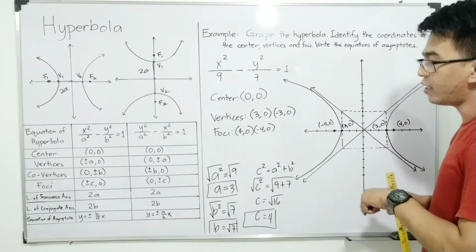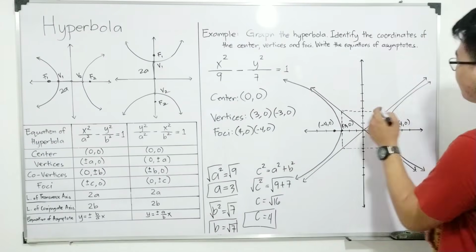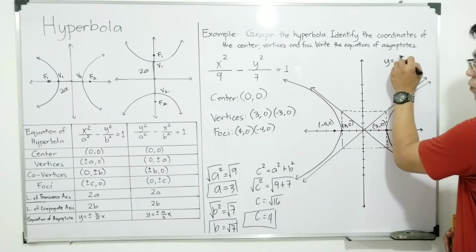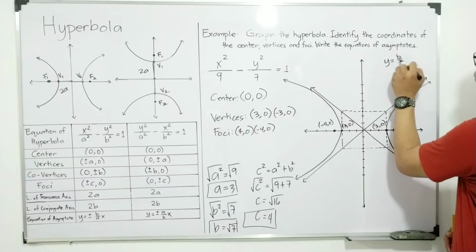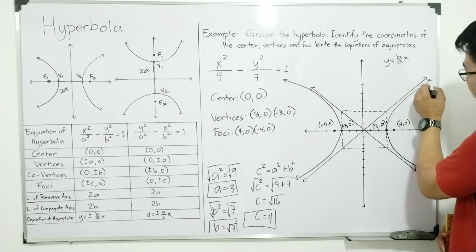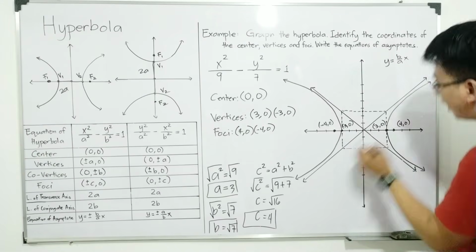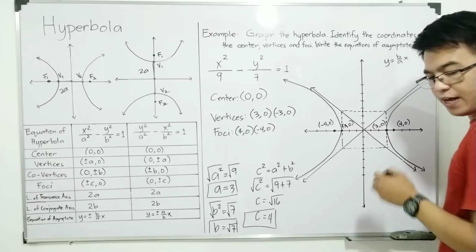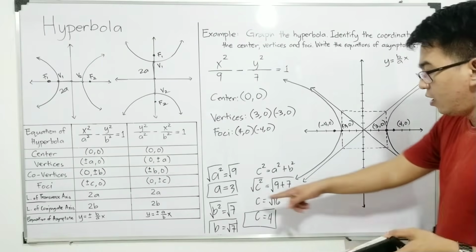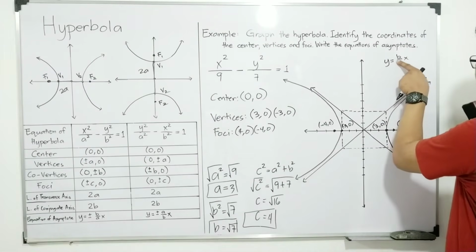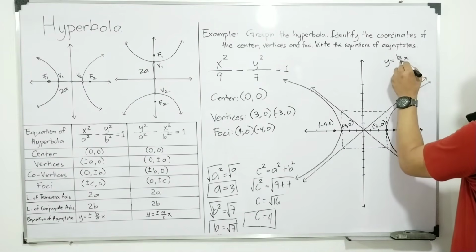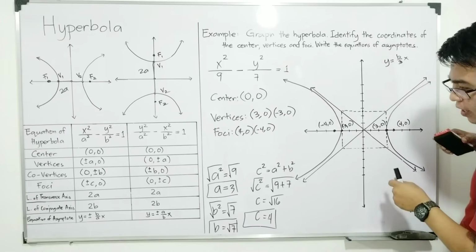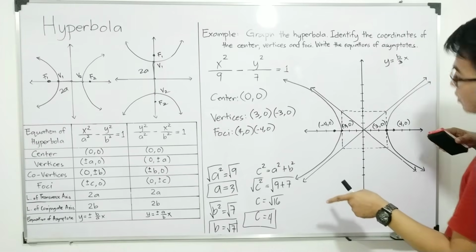So, sir, nasan po dyan? As for the positive, gamitin natin yung positive na format. Y is equal to b over a x. Ito yan. Now, the value of your a, guys, is 3. So, palitan natin to. Your b is equal to square root of 7.